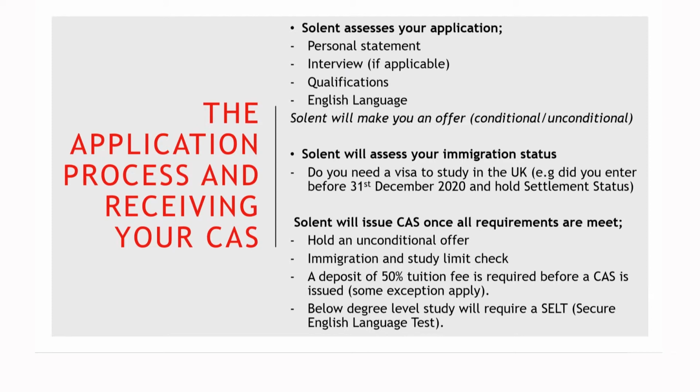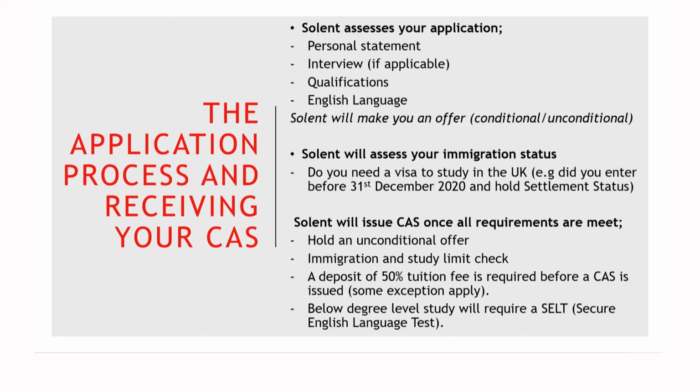It's also worth noting at this point that if you are studying below degree level, now below degree level is any qualification that you'll be gaining which is at RQF 5 or below, so the qualifications at the university would be things like the foundation year or HNC or HND, then you are required to have what is known as a SELT, which stands for Secure English Language Test.